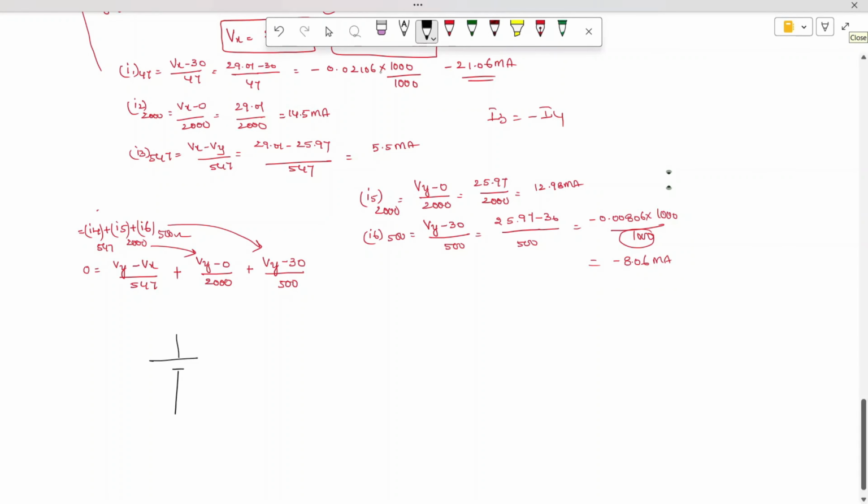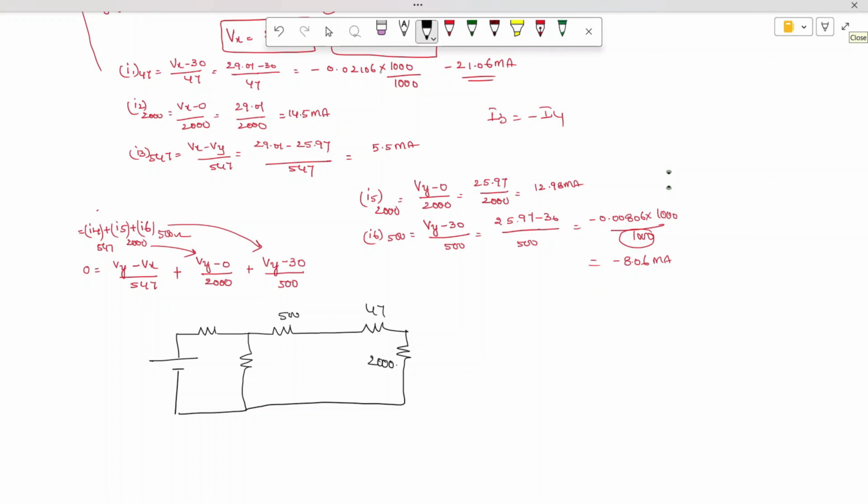So this is the battery, and this is the 47 ohm resistor. After here you are going to have one more resistor, 500, and the next resistor is 47 ohm, and one more resistor, a 2000 ohm resistor, and here one more resistor which is 500 ohm, excited with a voltage of 30.